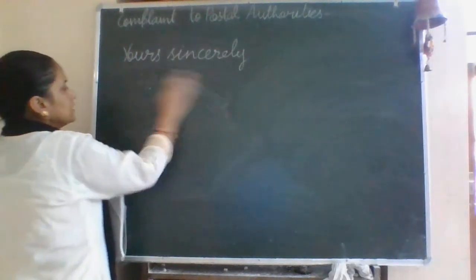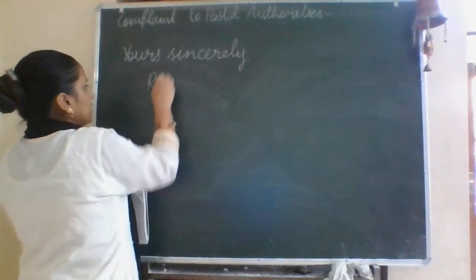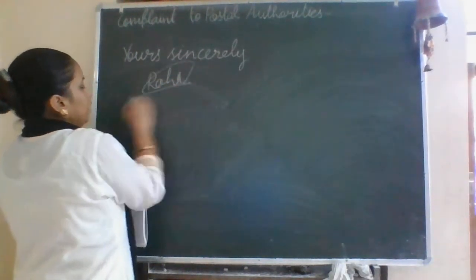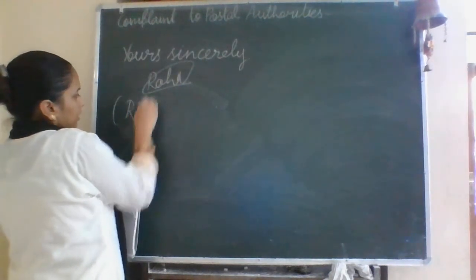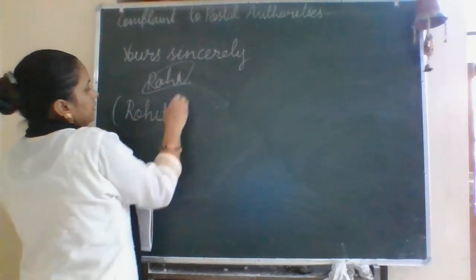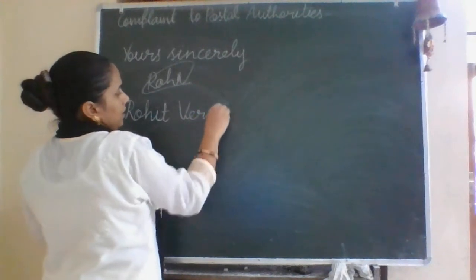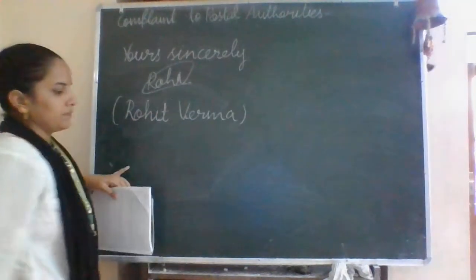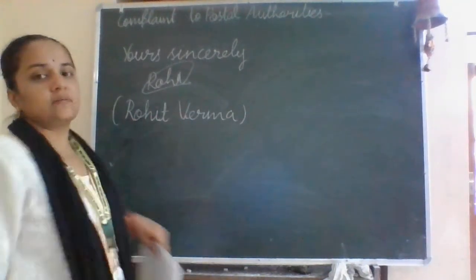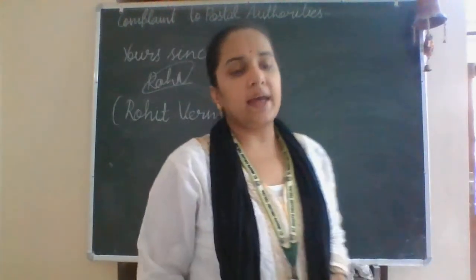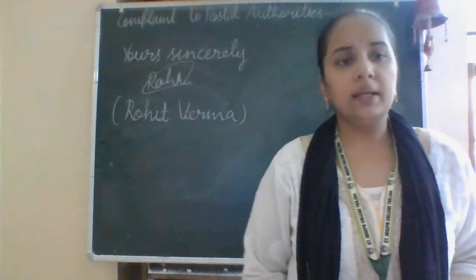So suppose someone writes the signature like this. Then after that, the name of the person. So this is the way we write a formal letter.